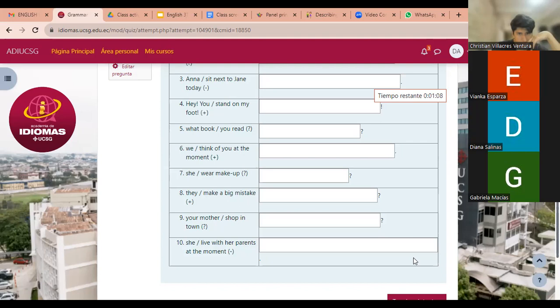What book are you reading? Yeah. Good. Oh, number 7. Christian, can you do it? She's wearing makeup. Is she wearing makeup? It's a question, right? Okay, so now you try it, okay?